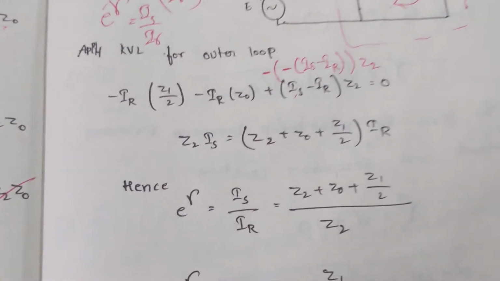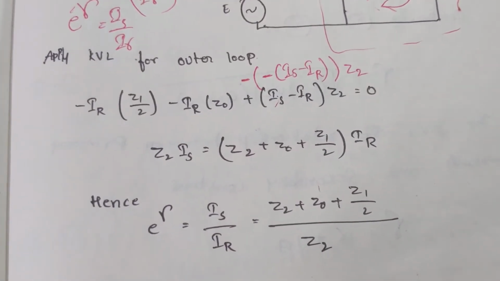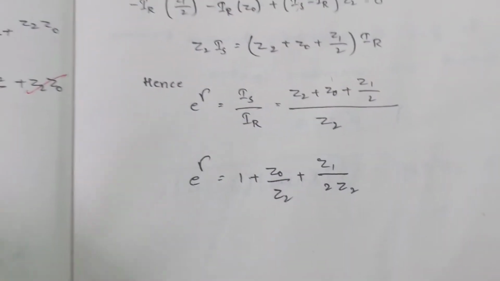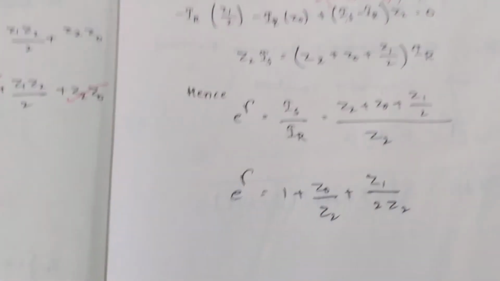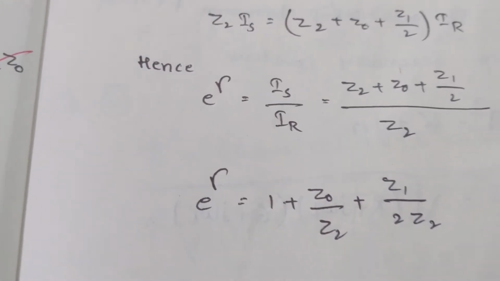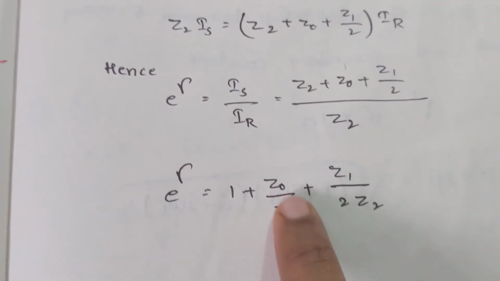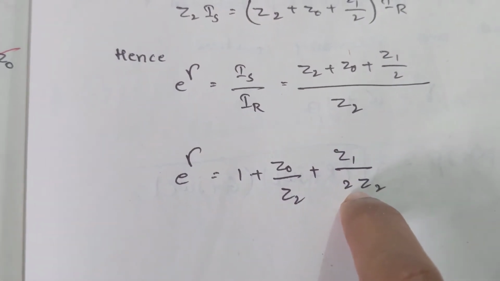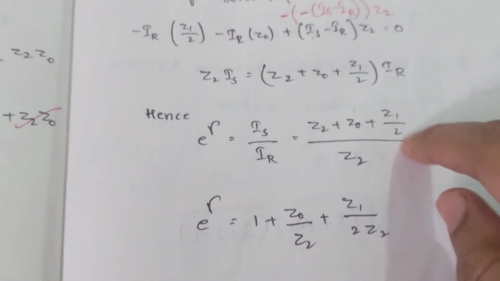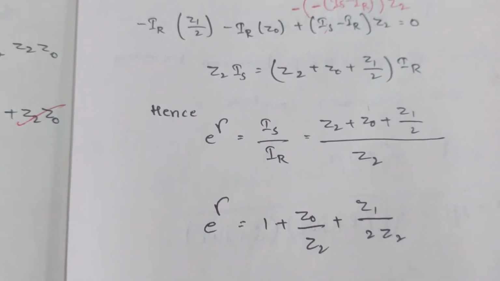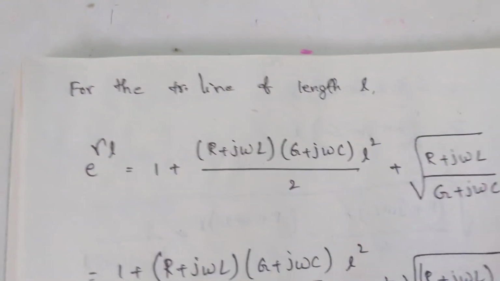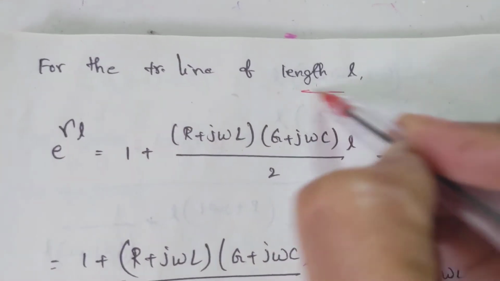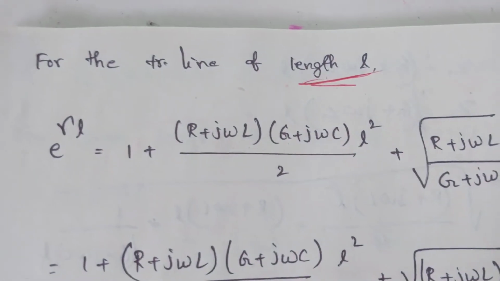I rearrange the terms in such a way that e power gamma equals 1 plus Z0 divided by Z2 plus Z1 divided by 2 Z2. If you rearrange the elements, you can understand how we got this expression.